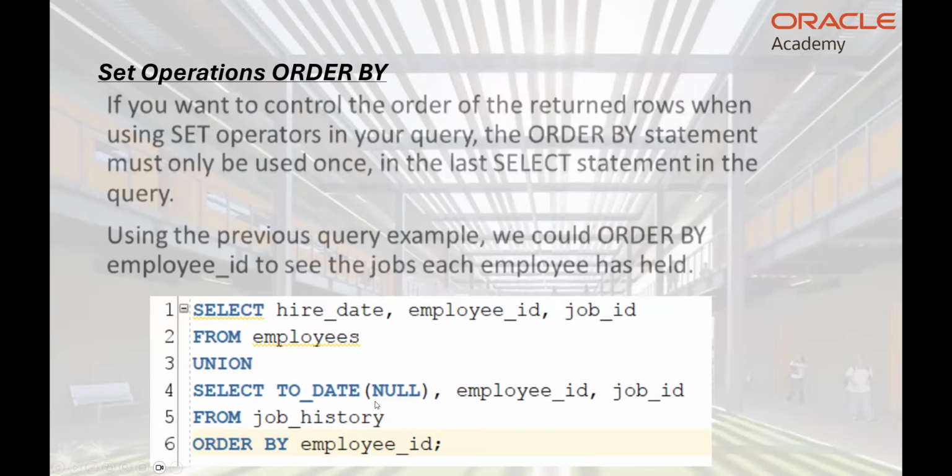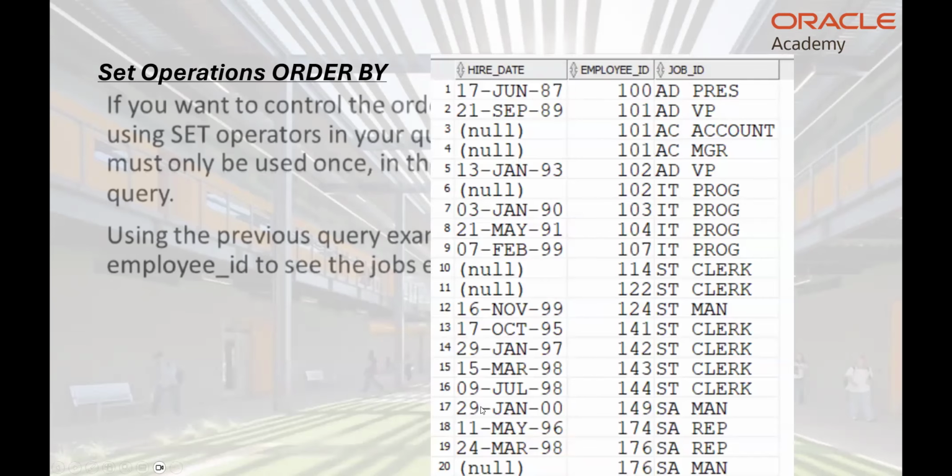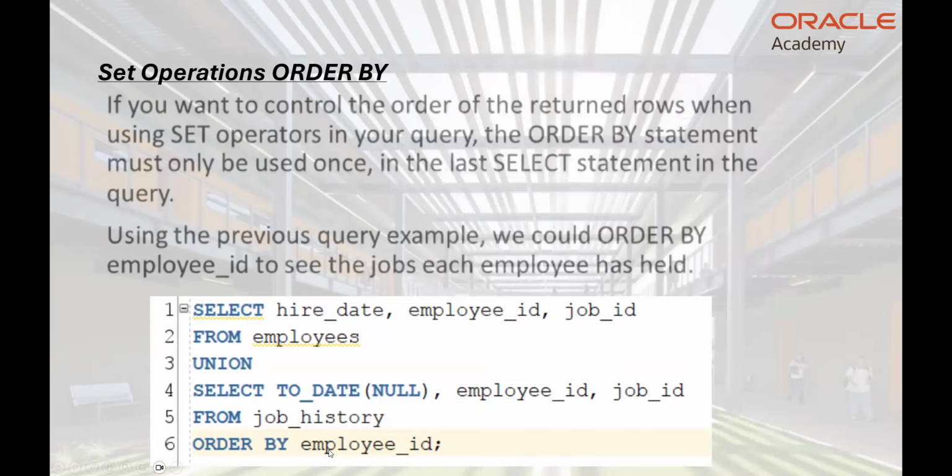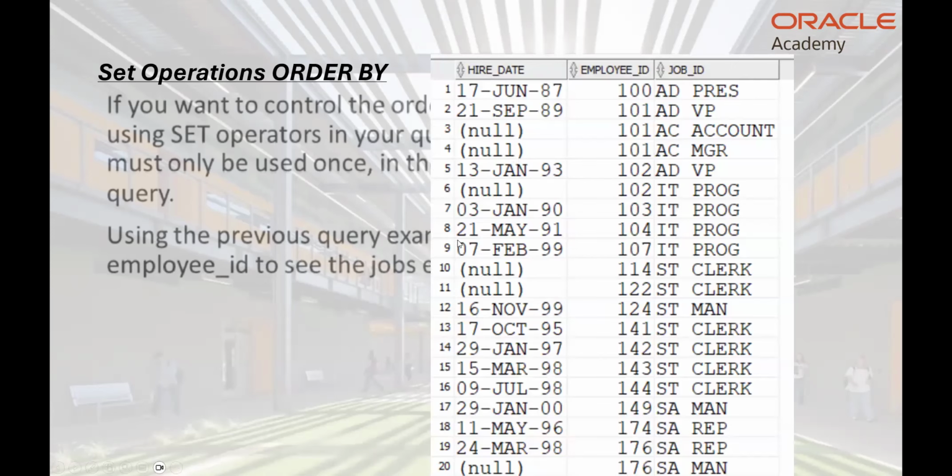So that null column, let's look at the results. It's basically going to order by the employee ID. It doesn't really matter what's happening here. It starts with 100 and goes to 176.